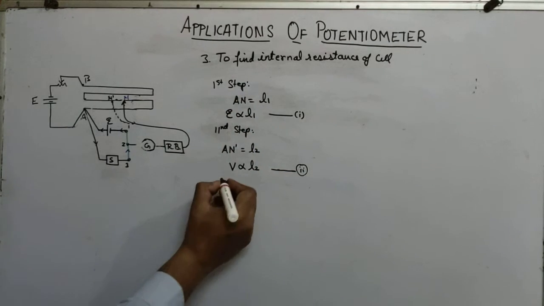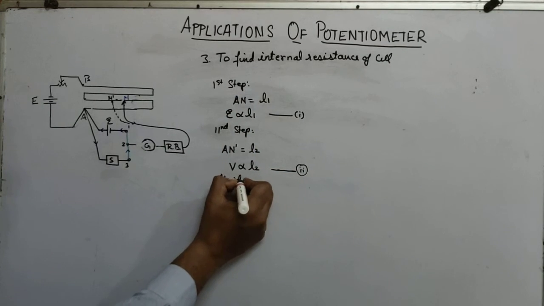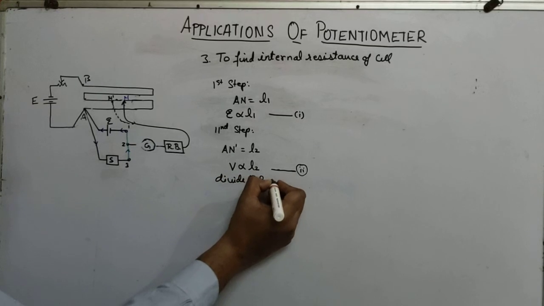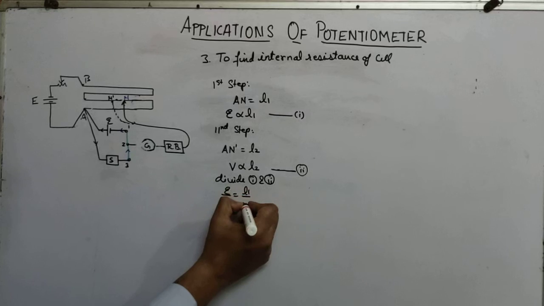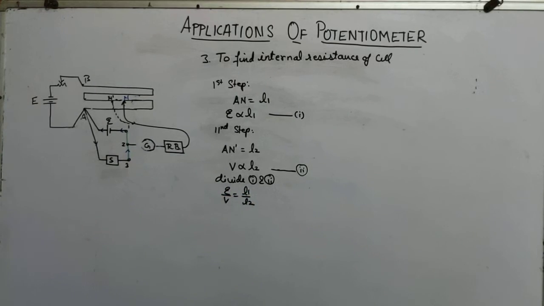Now when I divide 1 and 2, I get E upon V equals L1 upon L2. Now you must have studied the formula for the internal resistance.